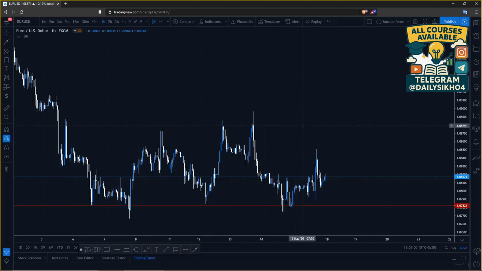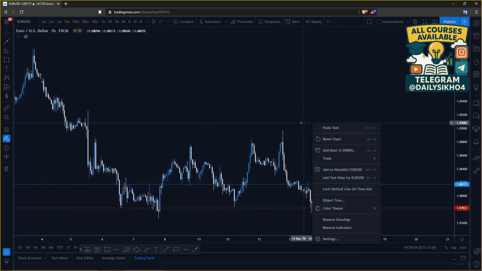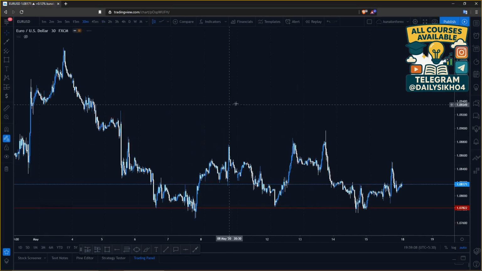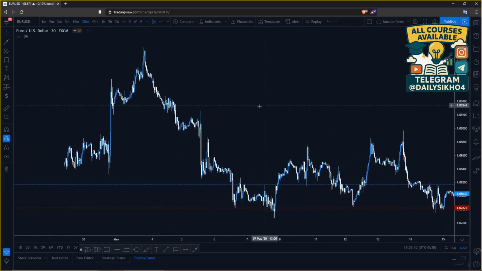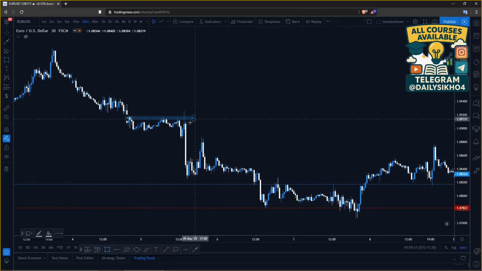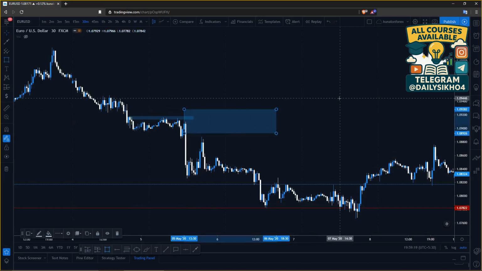So guys, whenever we have a trade setup, let's say we are on the 30-minute time frames. You see this high got manipulated and this is the order block which we have, which was untested.